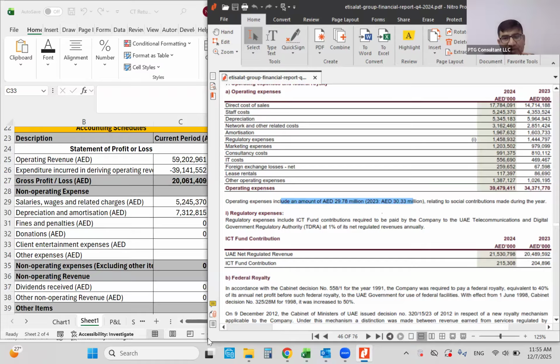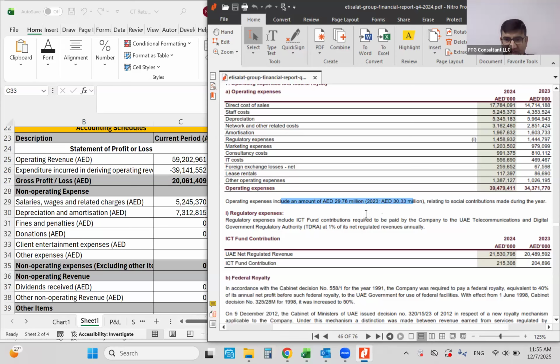Because if we made the social contribution to any registered charity organization, then the treatment is different. If we did not find any information and cannot trace the contribution made to a registered charity organization, then we will take the figure over here.